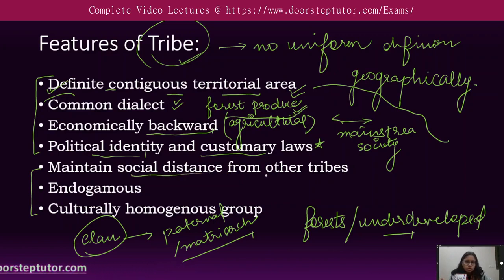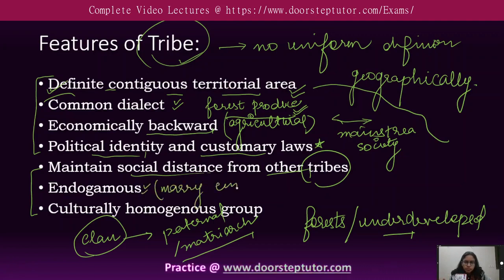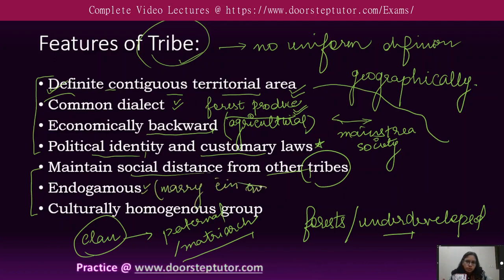They maintain social distance from other tribes, so to maintain their authenticity and to differentiate themselves, they maintain social distancing. They're endogamous, which means they marry within their own tribal group.